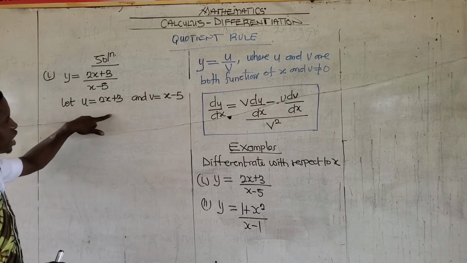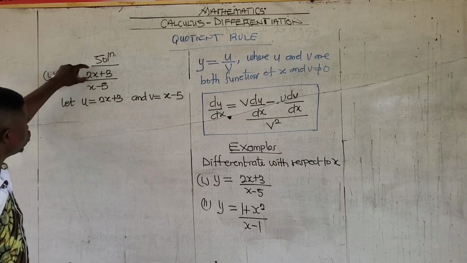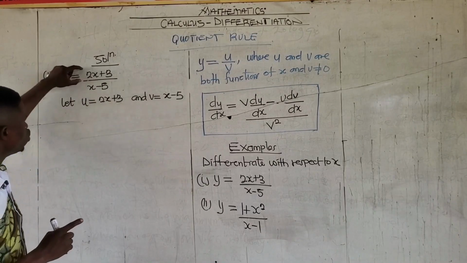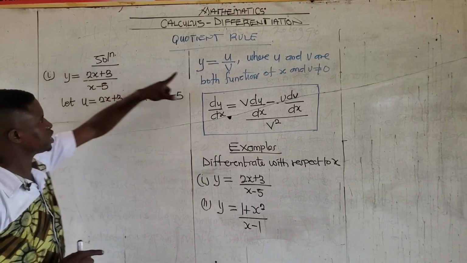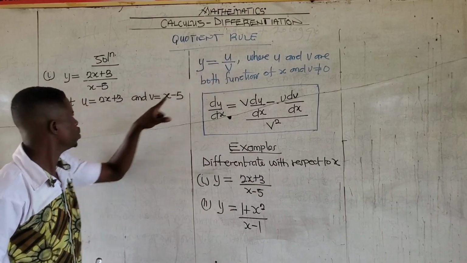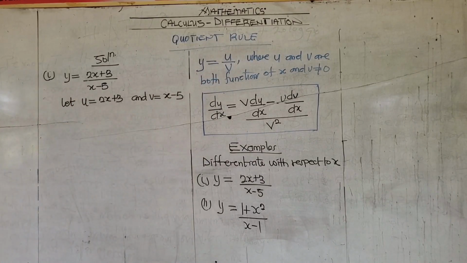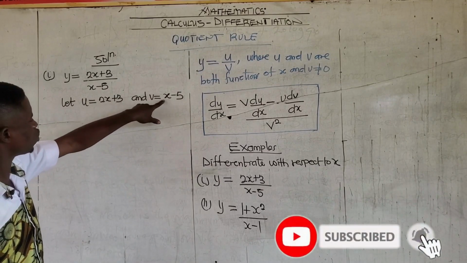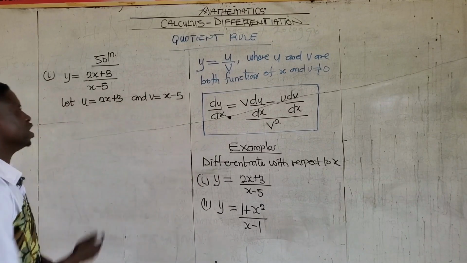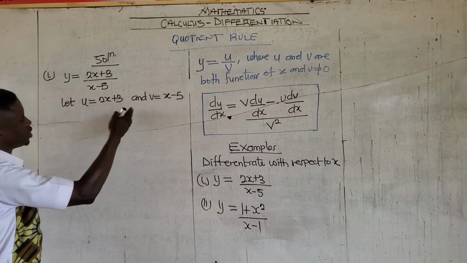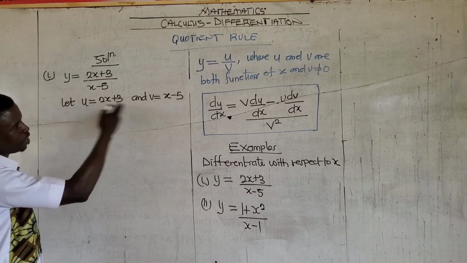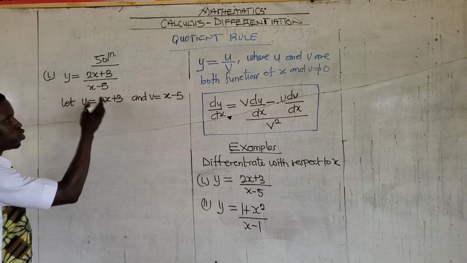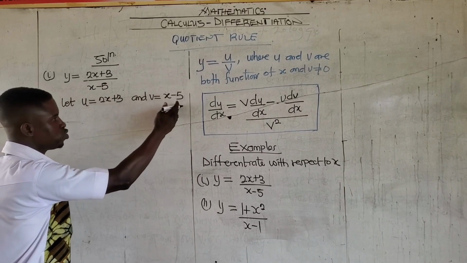Now, after denoting u as the numerator and v as the denominator, don't interchange them. The u is the numerator because we said y is equal to u over v. So u is the numerator, and v is equal to x minus 5, the denominator. After doing this, the next thing is to differentiate u with respect to x and v with respect to x.